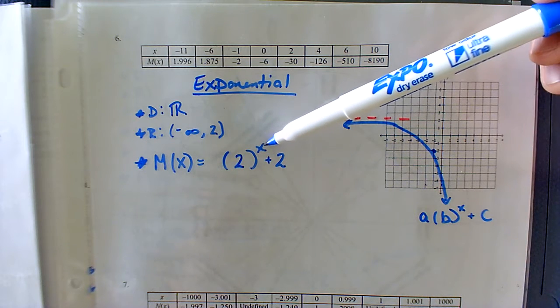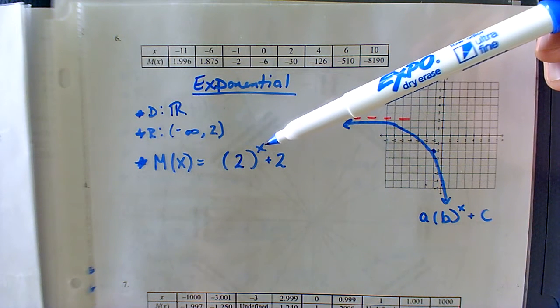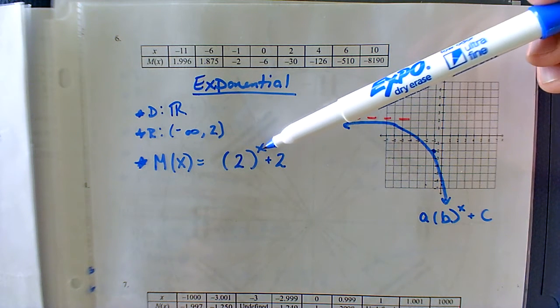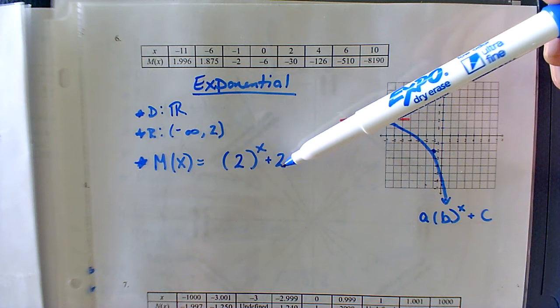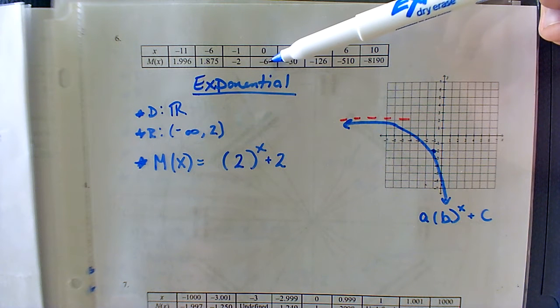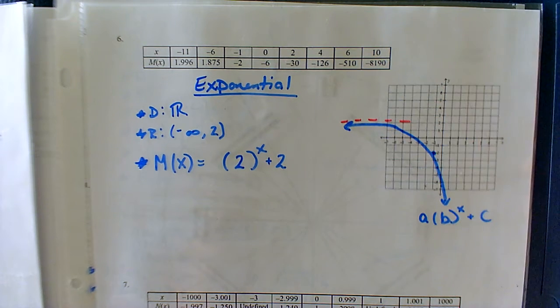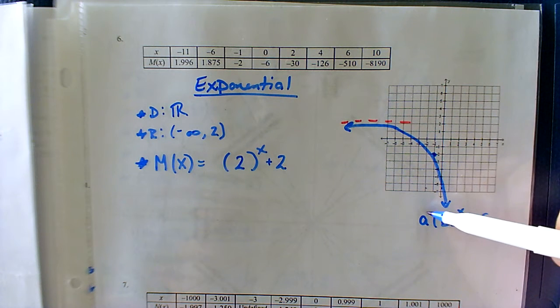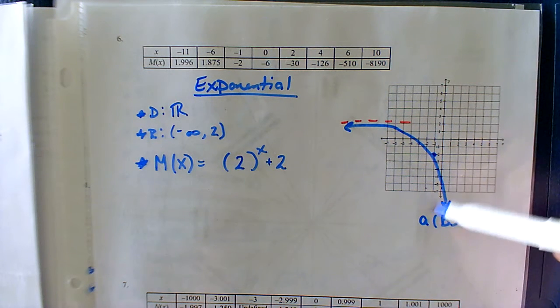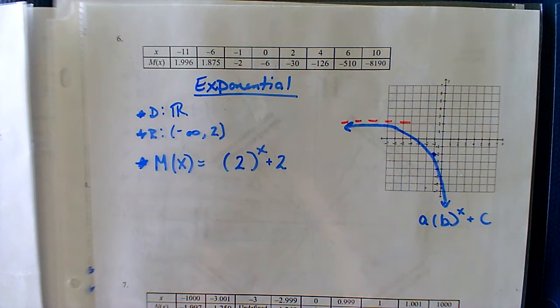Let's see. 2 to the 0 would be 1, right? And if we were to add 2, we would get 3. Is that what we want? No. Okay. So maybe there might be a value for a out front. In the last example, it was 1. We didn't have to worry about it.